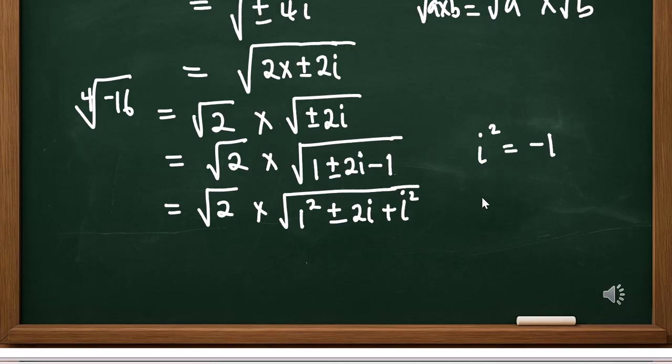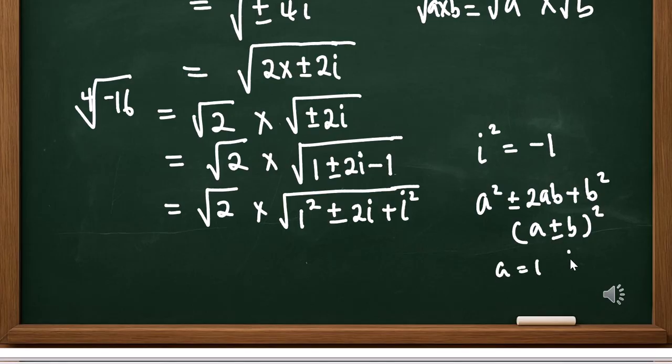So why do we have this expression? If you look at it, it's like having a squared, plus or negative depending, 2ab plus b squared. So this can be factored as a plus or minus b all squared. In this case, my a is going to be 1 and my b is going to be i.